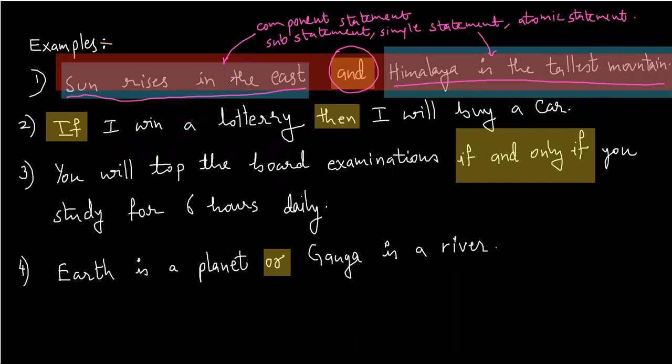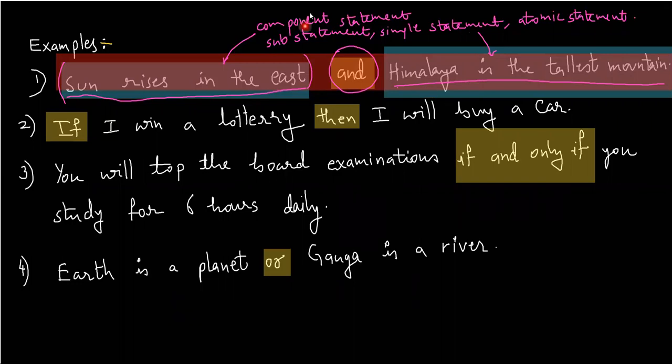But if I ask you, sun rises in the east, can this statement be divided further? It is not possible. You cannot break this statement into two or more. But you understand that the whole statement can be broken into two simple statements.